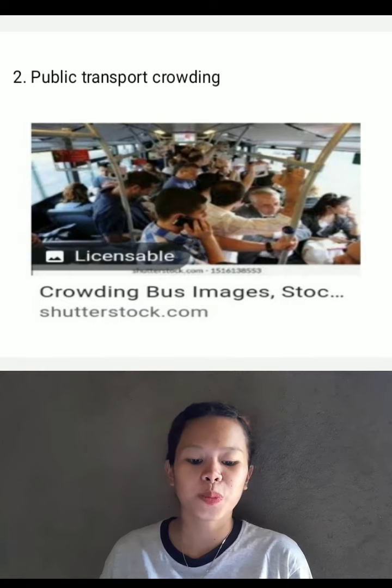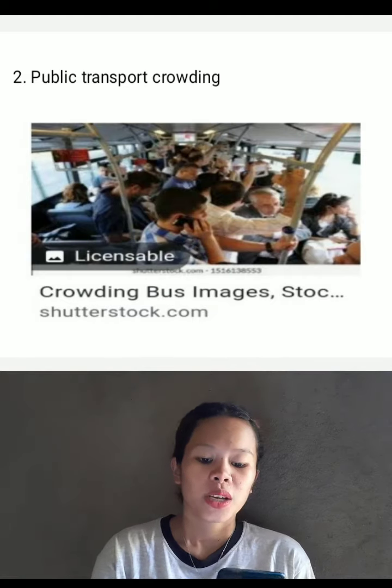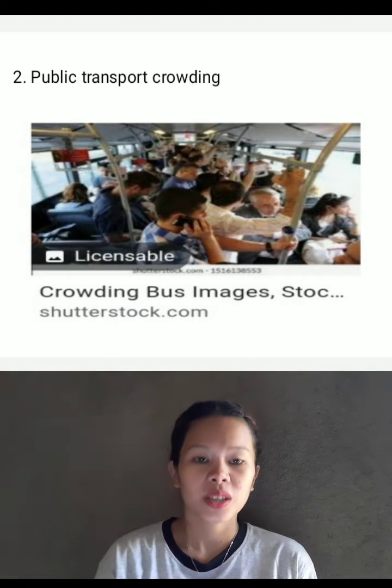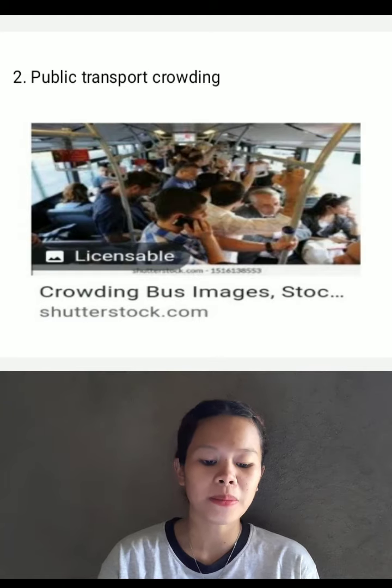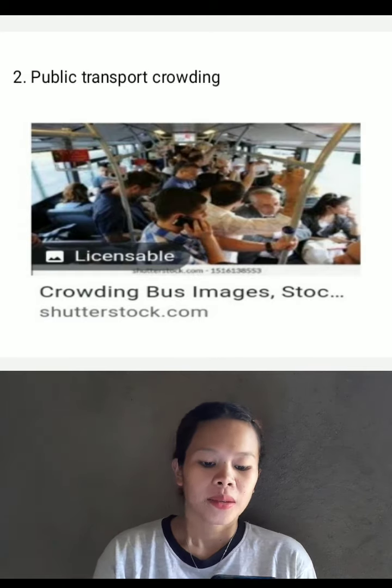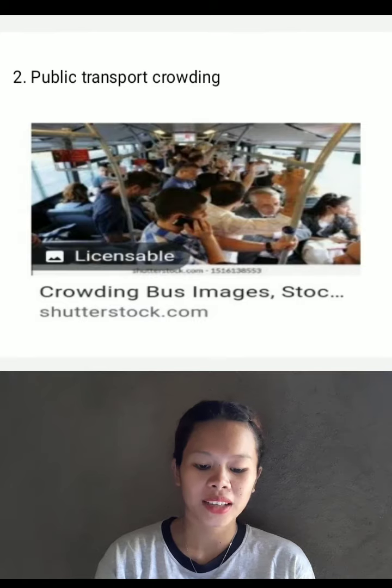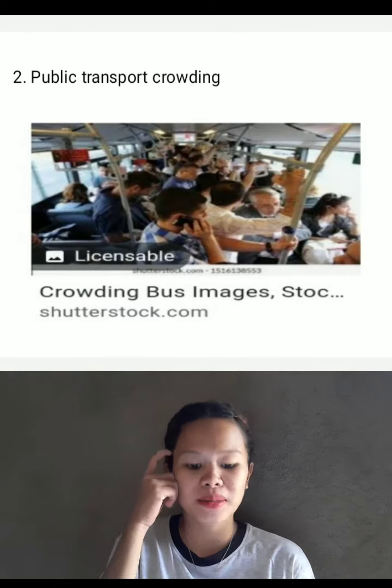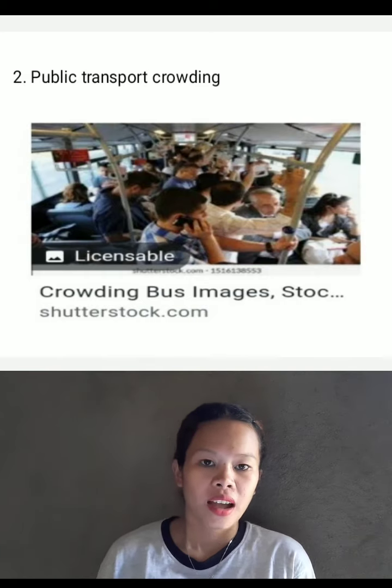The second one is public transport crowding. The person congestion occurring inside public transport vehicles at such peak times adds insult to injury, sometimes literally.